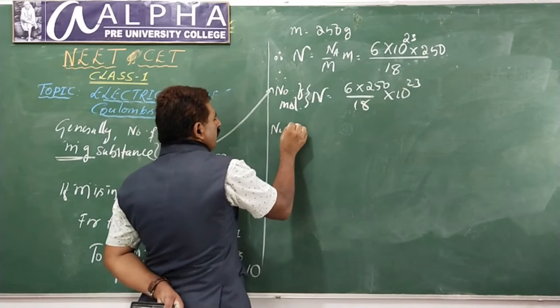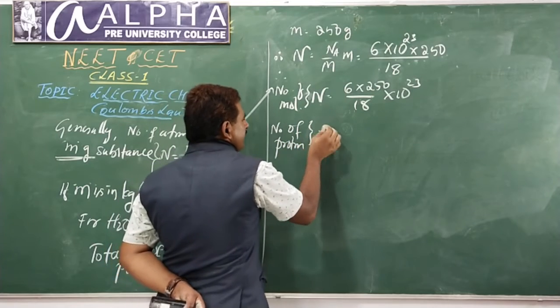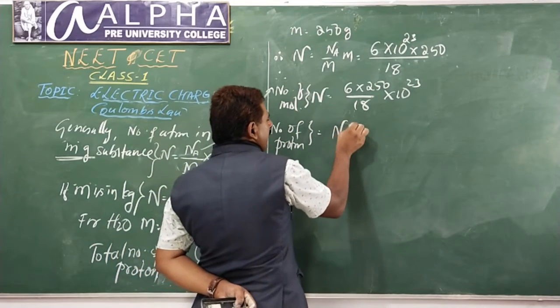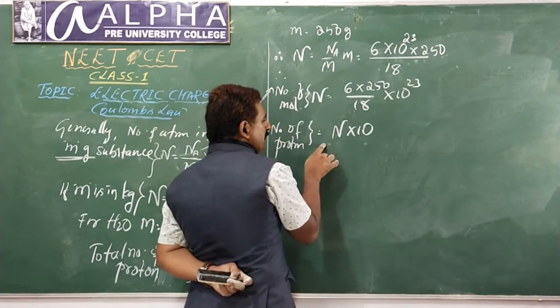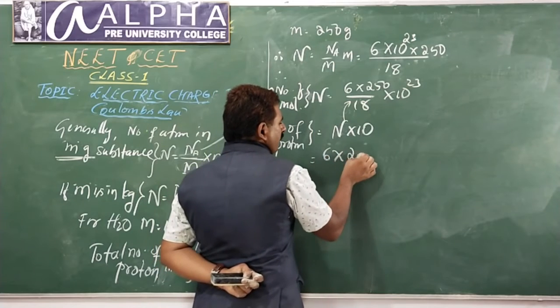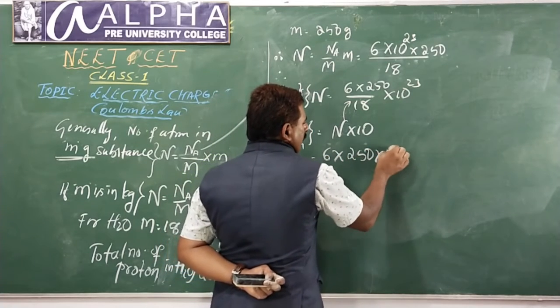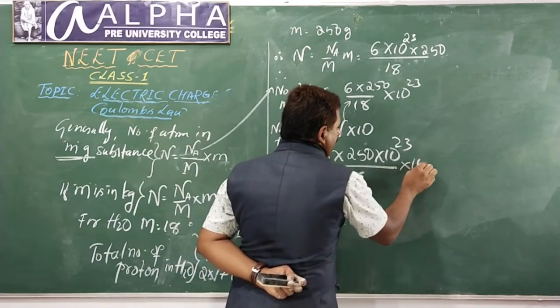What is the number of protons? Can anybody guess? Yes, of course, very good. N times 10, because each molecule has 10 protons. What is N? Here. So 6 into 250 into 10 to the power 23 divided by 18, into 10. That's it.